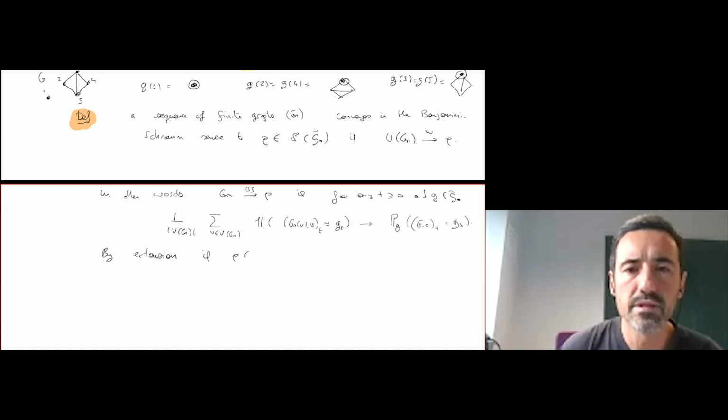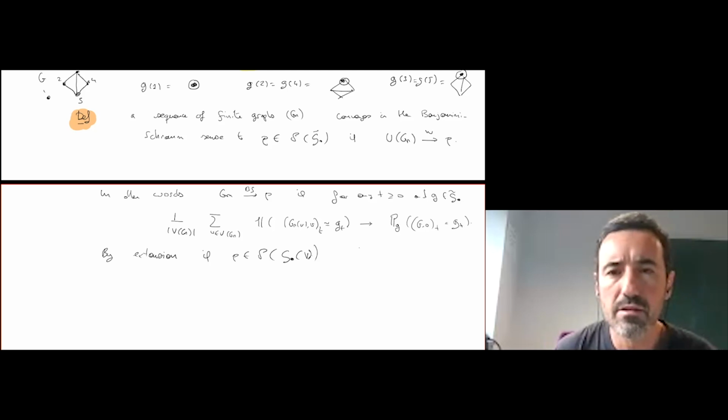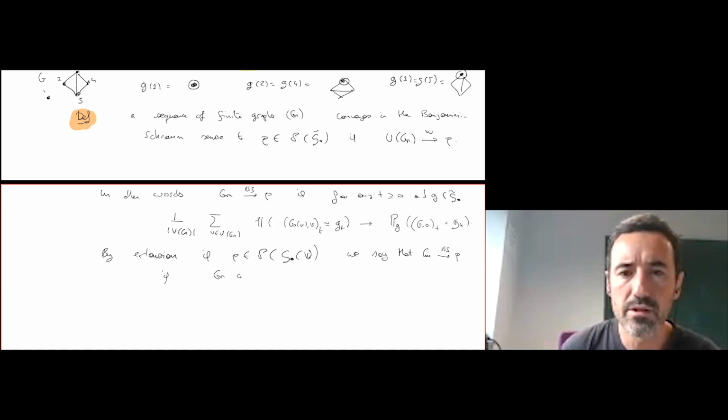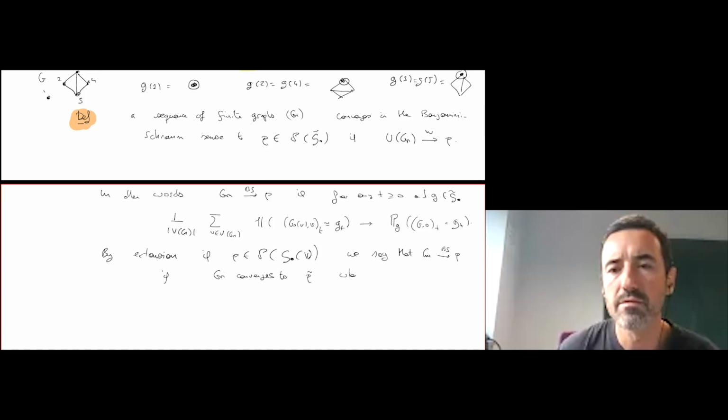If rho is a probability measure on some rooted graphs, we say that Gn converges in the Benjamini-Schramm sense to rho if Gn converges to rho tilde, where rho tilde is the corresponding measure where you remove the label.